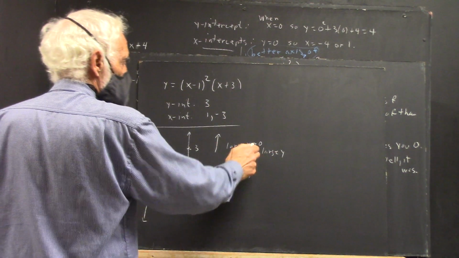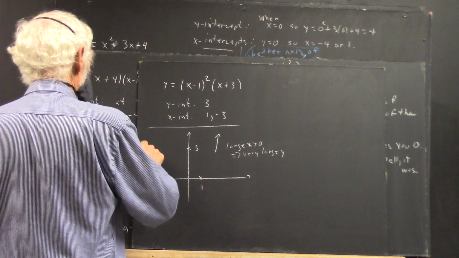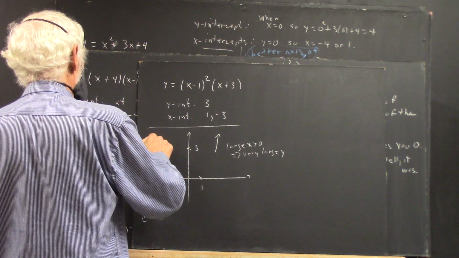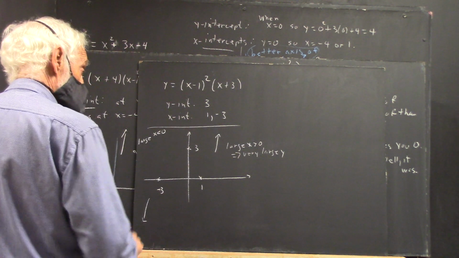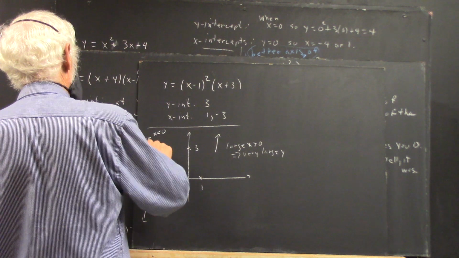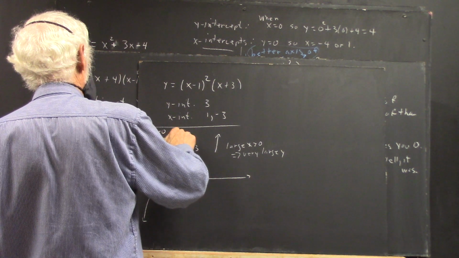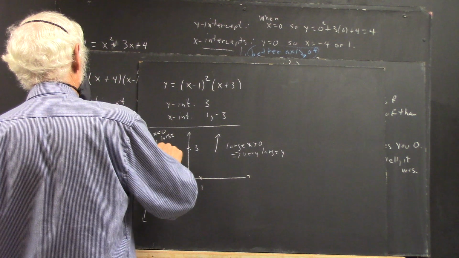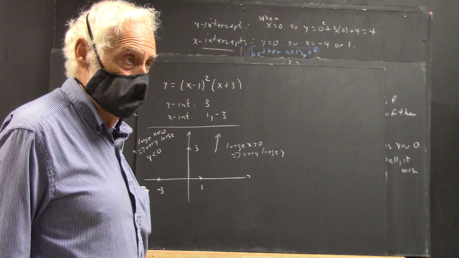Over here, large x greater than 0 gave you a very large y. Here, a large x that is less than 0 gives you a very large y that's less than 0.